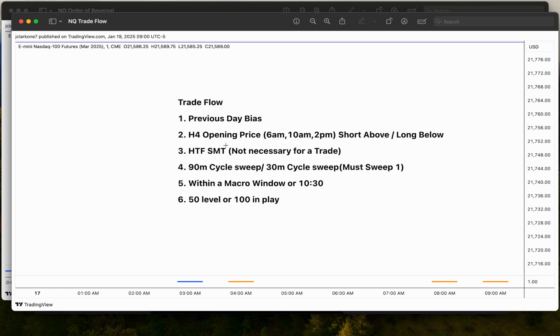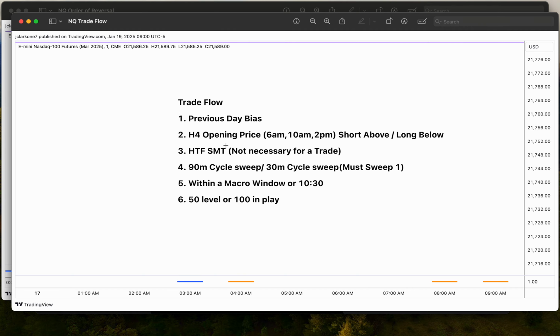Yeah, for sure. I'll definitely look at the news. So really, that just determines when I'm going to be looking at the chart more. If there's an 8:30 news release, I'm probably not taking a reversal between 7:45 and 8:15.